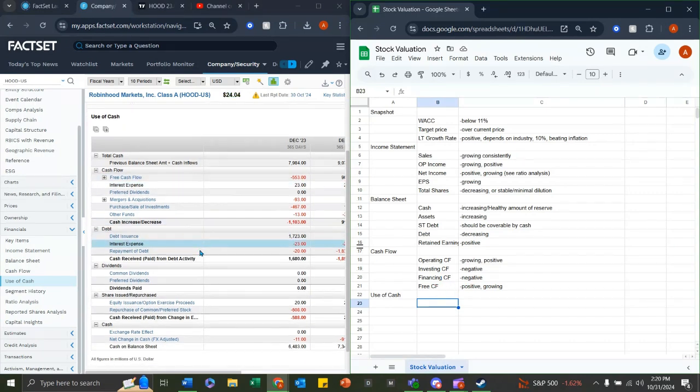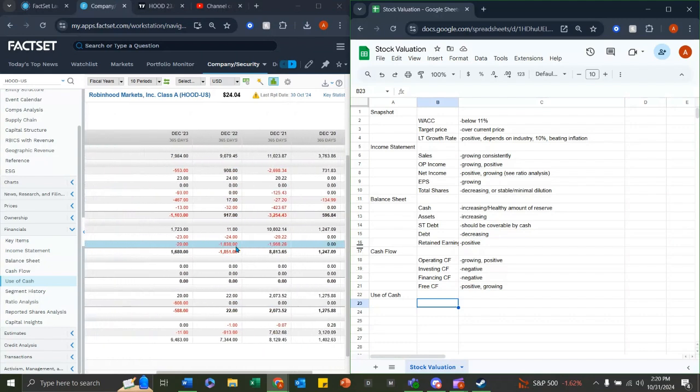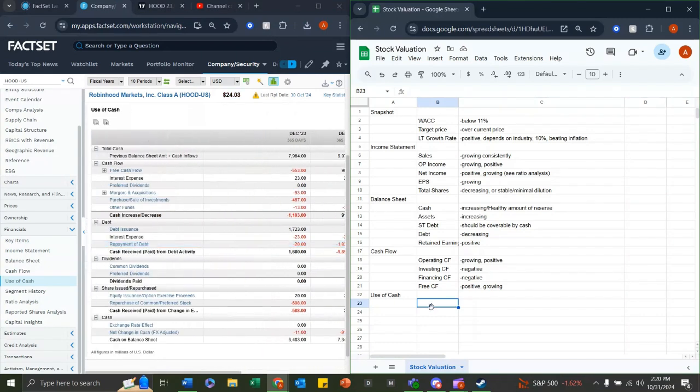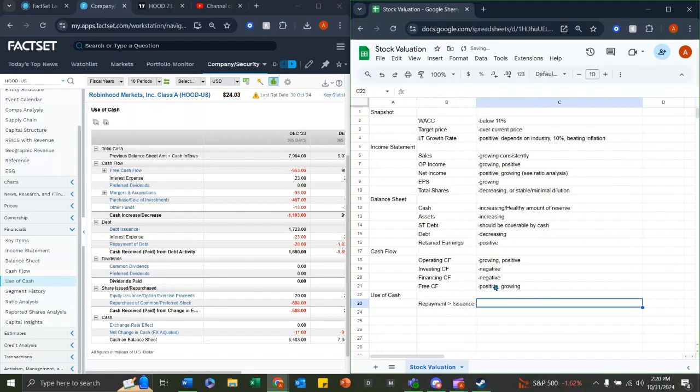So what you want to see is repayment of debt larger than debt issuance. Okay. So repayment should be larger than issuance.